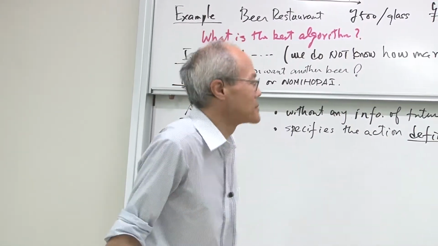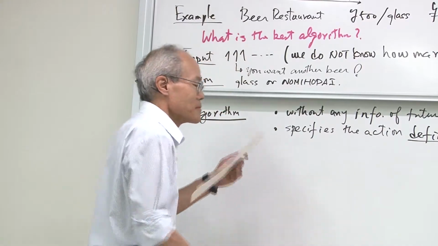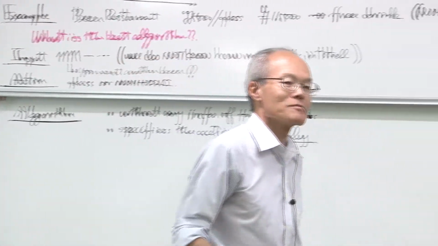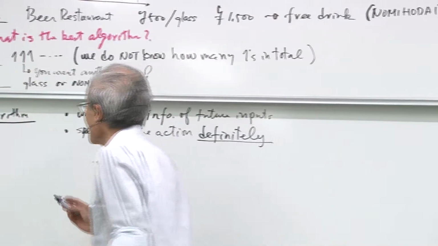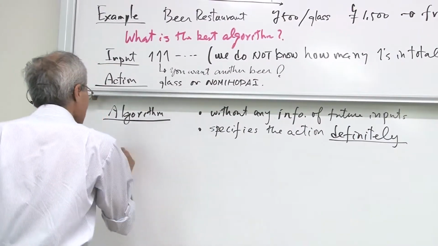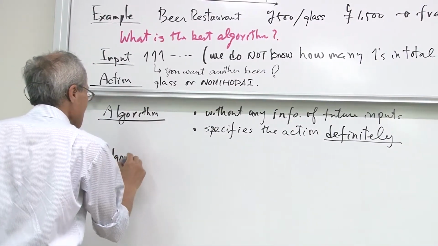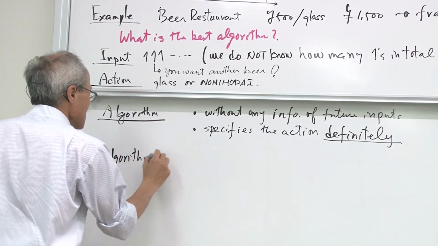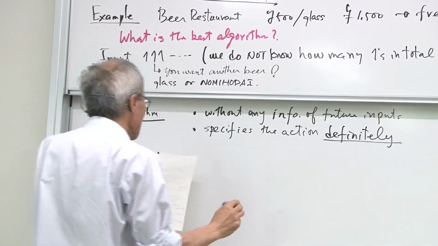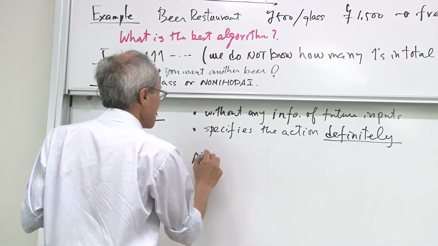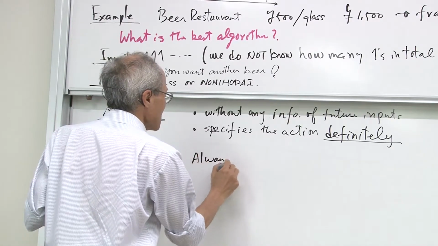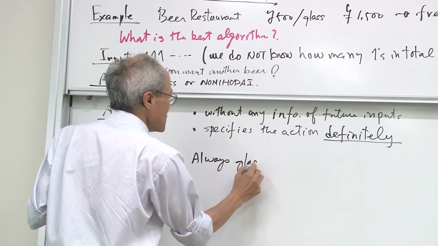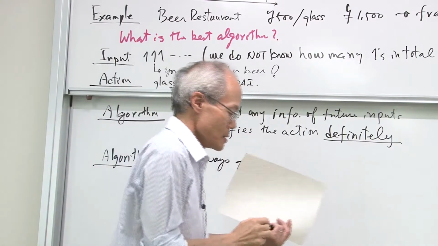I'll show you 3 examples, 3 algorithms. Algorithm 1 is always glass.